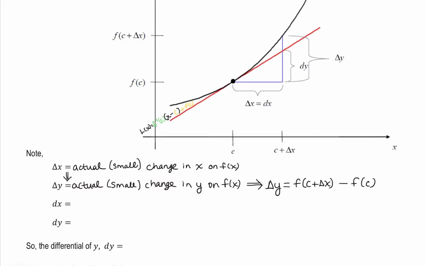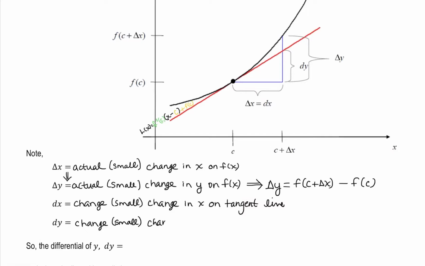So dx is the small change in x on the tangent line, and dy is the small change in y on the tangent line.